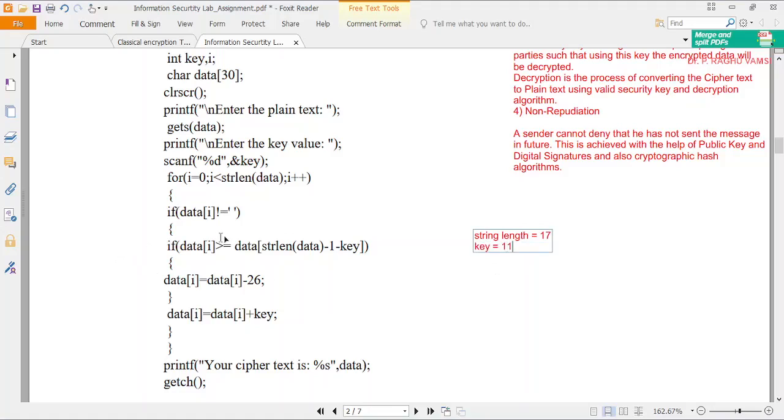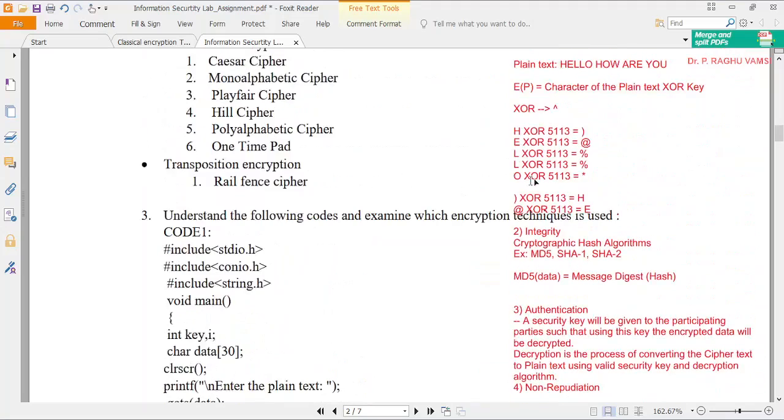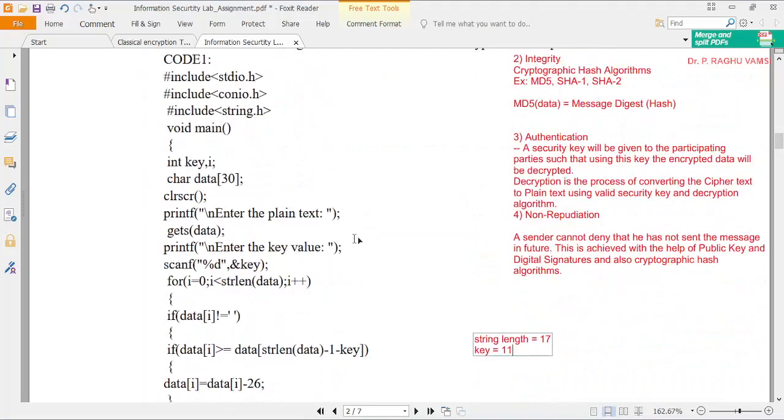Now, if data of i is not equal to empty space, then check if data of i is greater than or equal to data of string length minus 1 minus key. What is data of i? For example, i is 0, so the first character is H. So H is greater than or equal to data of string length of data minus 1 minus key.